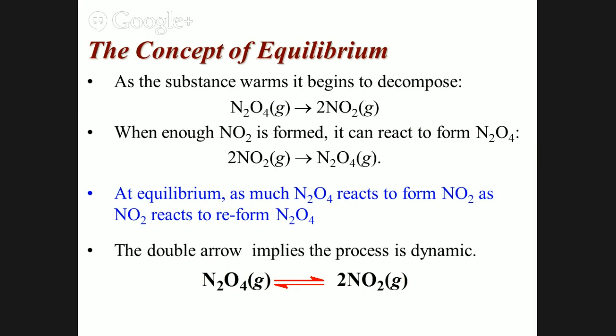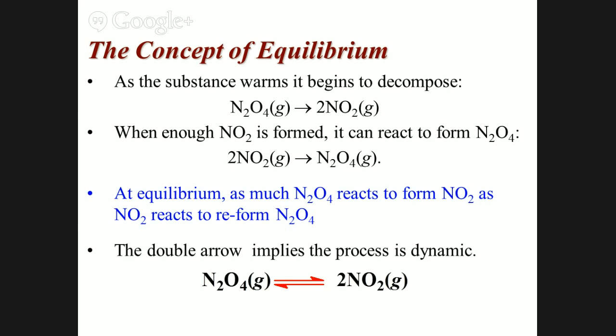So, two reactions. N2O4 goes to NO2. But after a while, we've got a lot of NO2, and so notice NO2 is going to N2O4. Two reactions going on at the same time, and we don't want to write two reactions, so at the bottom we have just the double arrow, implying both a forward, most of the time we're going to say that's to the right, and a reverse back to the left.